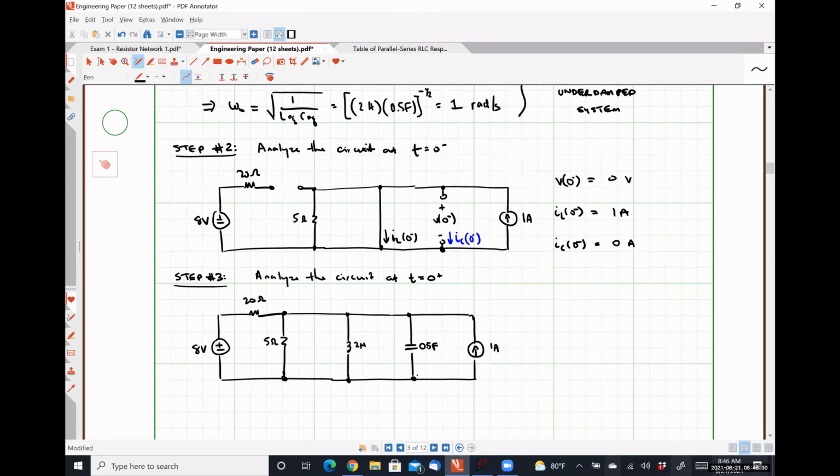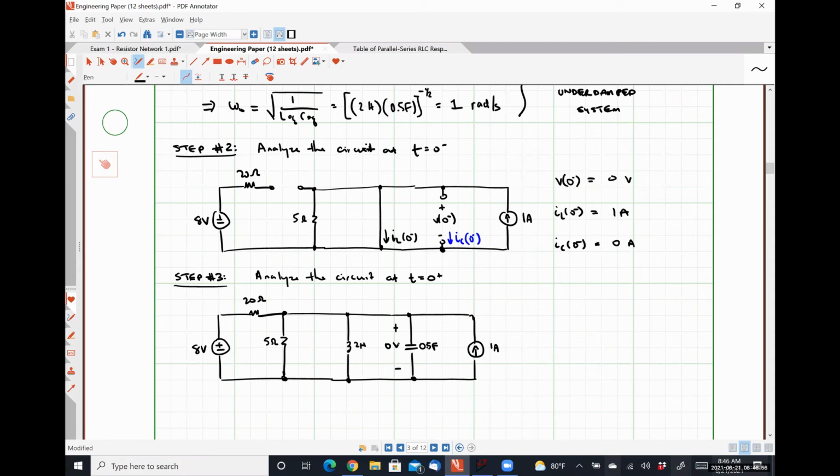Let's talk about a couple of things here, right? The first of which is that we know that capacitor voltages cannot change abruptly, because doing so would cause an infinite amount of energy transfer in an infinitesimal amount of time. So the voltage drop across our capacitor is 0 volts.